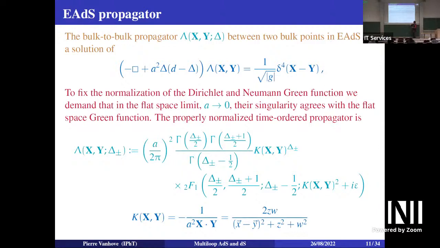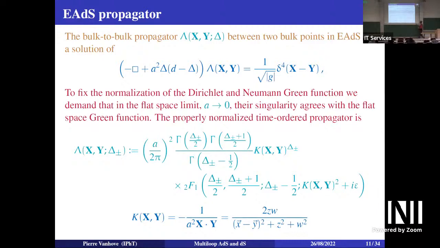So there is this quadratic part, and you see it's dimensionless. And here comes the conformal dimension. Of course, when the curvature goes to 0, when A goes to 0, you get the flat space limit, and this expression has the right behavior with the normalization being fixed this way.